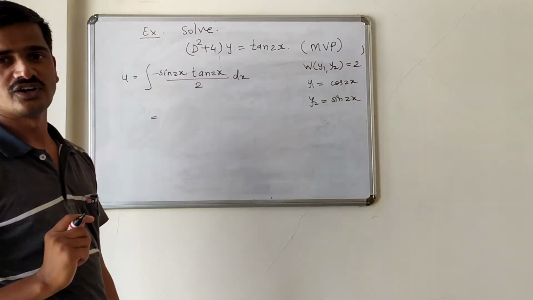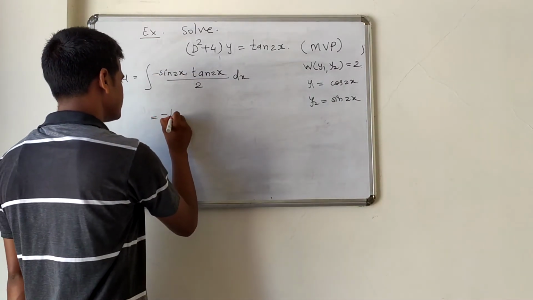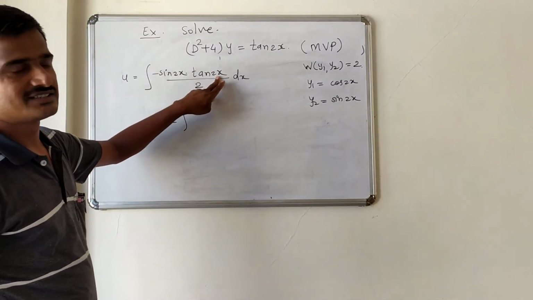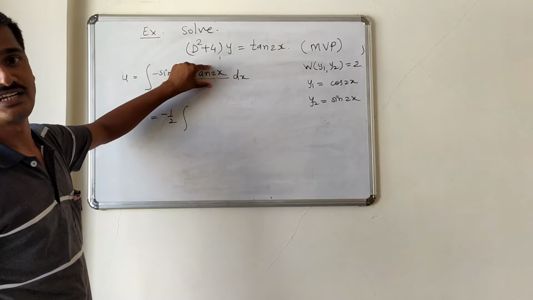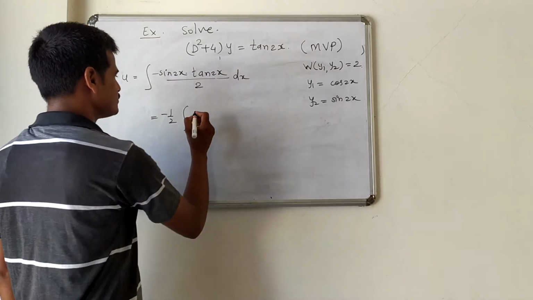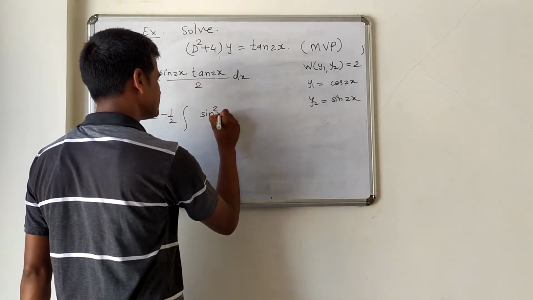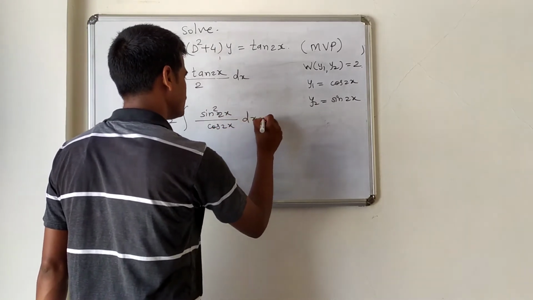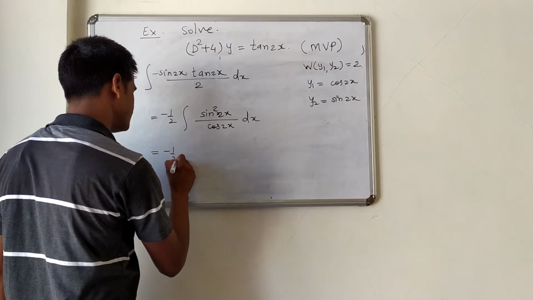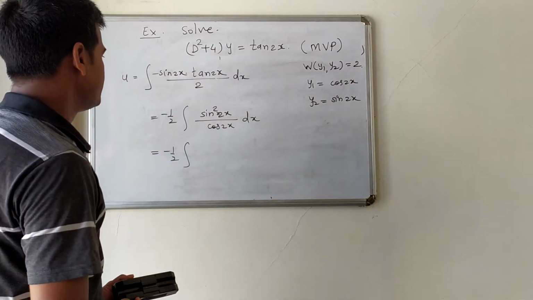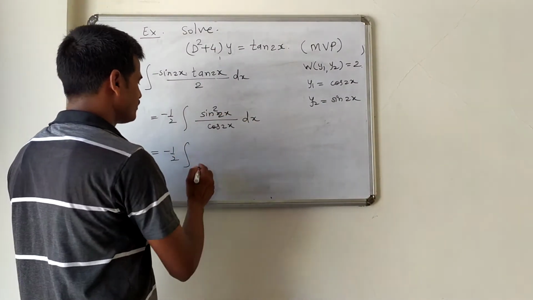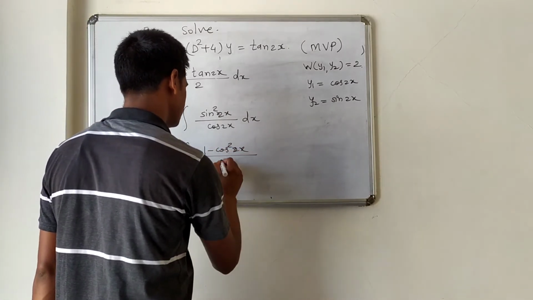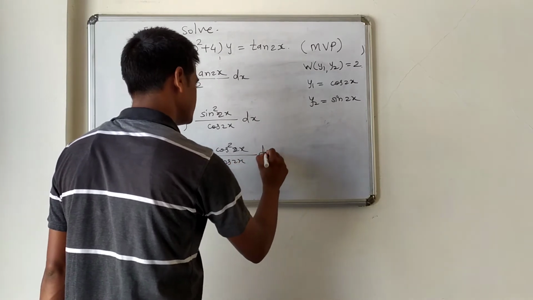Now let us solve this integral. So it is minus 1 by 2 integration of, now sin 2x into tan 2x. Tan 2x can be written as sin 2x upon cos 2x. So it is sin square 2x upon cos 2x into dx. So is equal to minus 1 by 2 integration of, now sin square 2x can be written as 1 minus cos square 2x divided by cos 2x into dx.